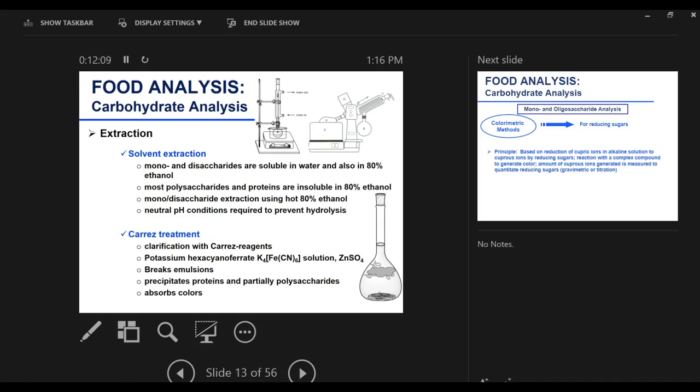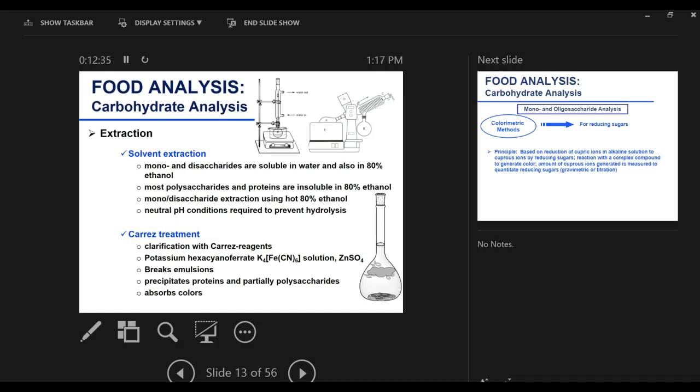All of you have seen rotovap already when you did the isoflavone extraction. Basically you evaporate under vacuum to enhance the evaporation process at lower temperature. So you get rid of the ethanol, and then you will have your extract in that original flask.